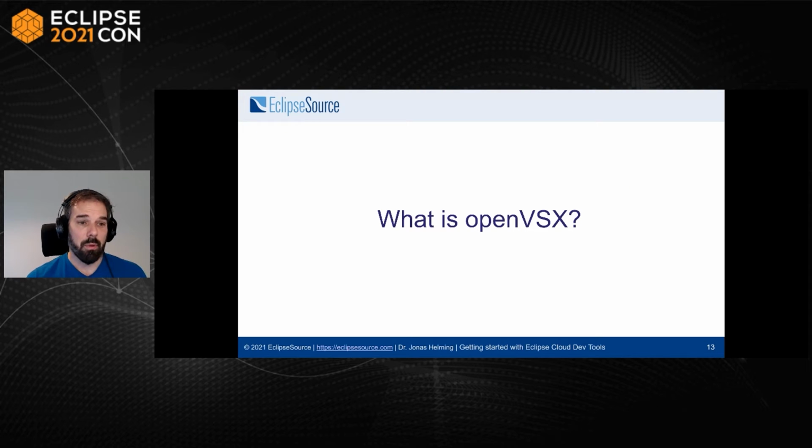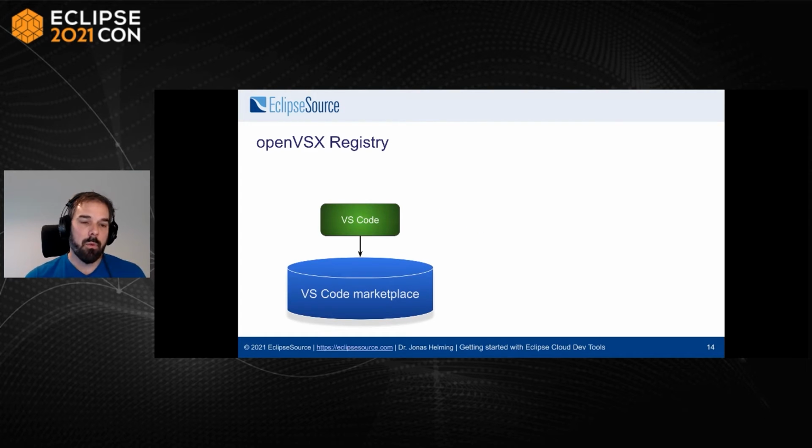Now from something completely different, not completely different, related. You might have heard of a project called openVSX. So how does that fit in the ecosystem, and what's the purpose of this project? Now, I mentioned before that VS Code is extensible by so-called VS Code extensions, and there's the VS Code marketplace that hosts thousands of those extensions for all kinds of purposes.